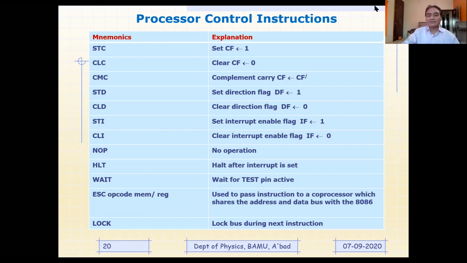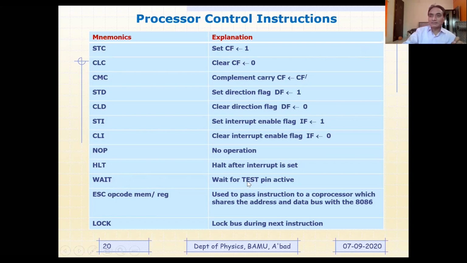And then WAIT. I told you earlier there is a test pin, while discussing the 8086 pinout diagram. Whenever this WAIT instruction is executed, the microprocessor would be in idle mode.